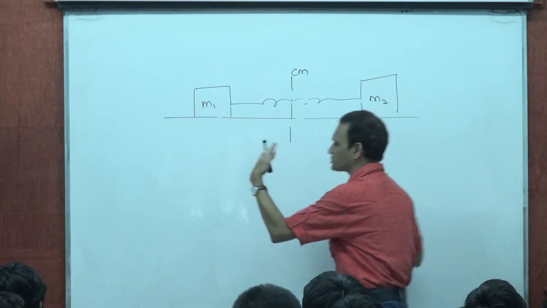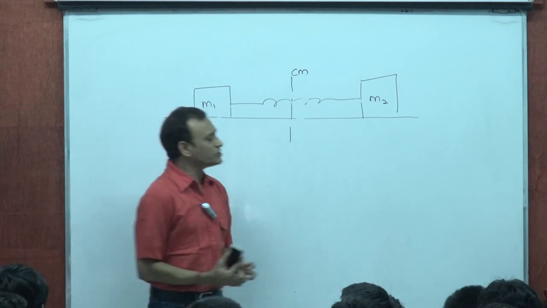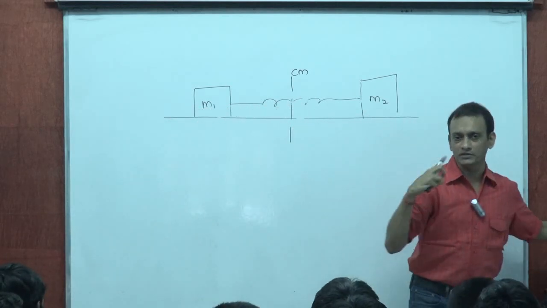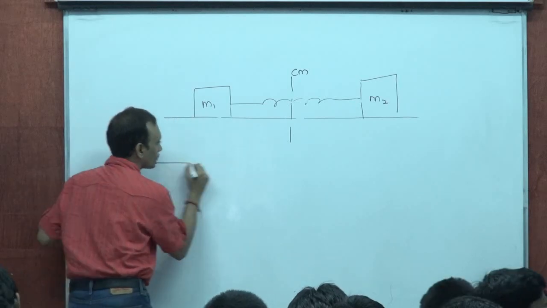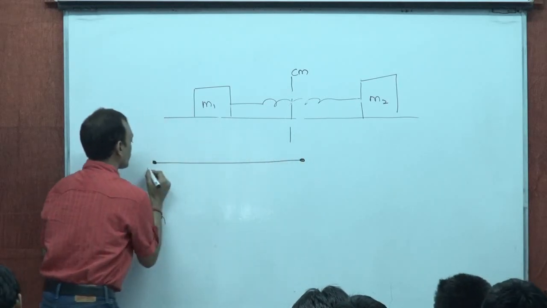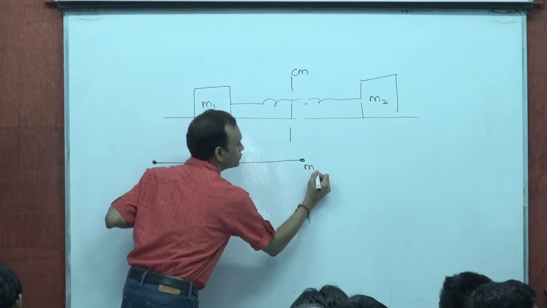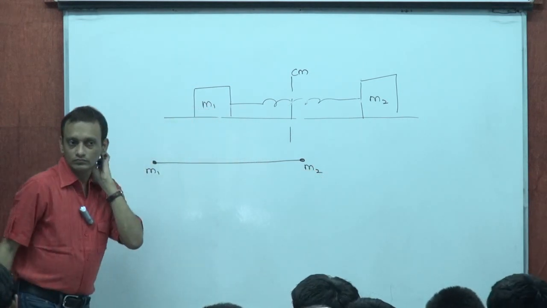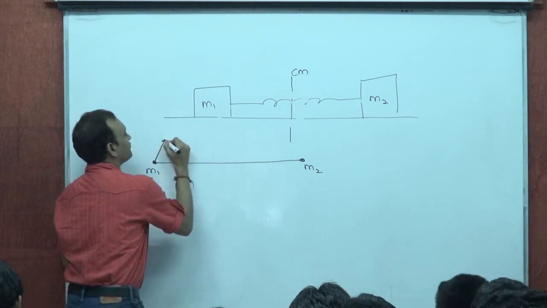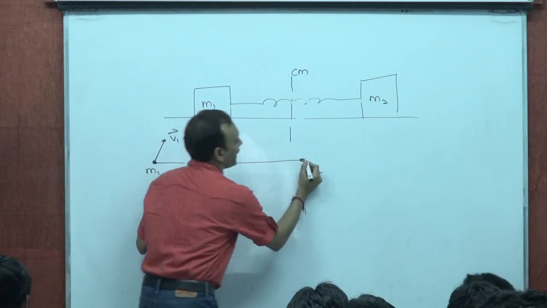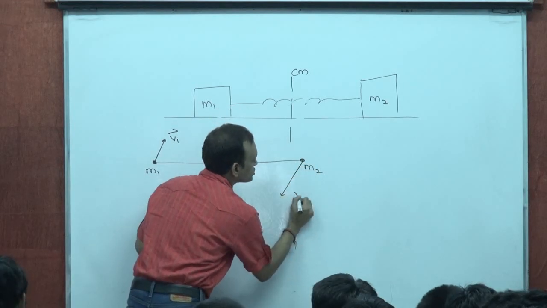Now, one thing that I want to tell you before I proceed is a very general remark, not related to the two-body system, but related to any two point particles. Any two particles, let's say M1 and M2, and let's say V1 is the velocity of this and V2 is the velocity of this.